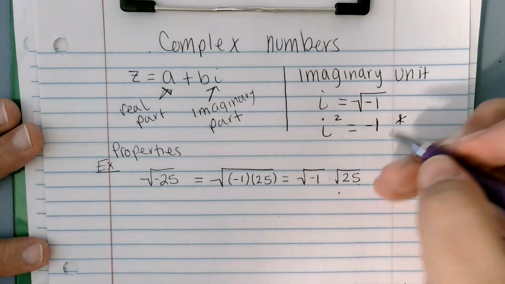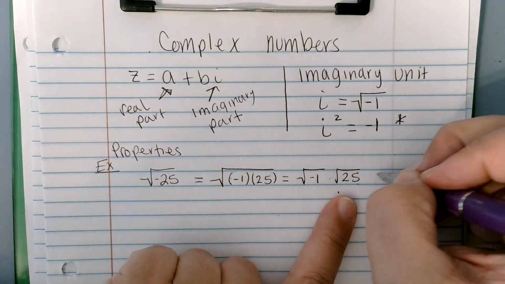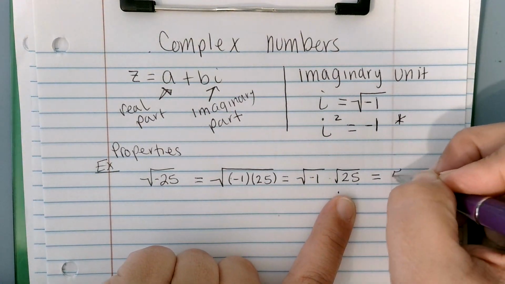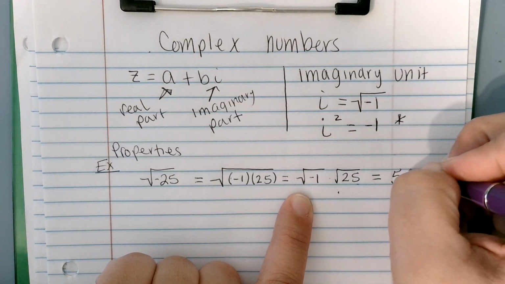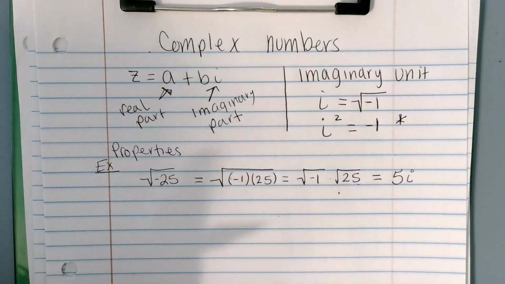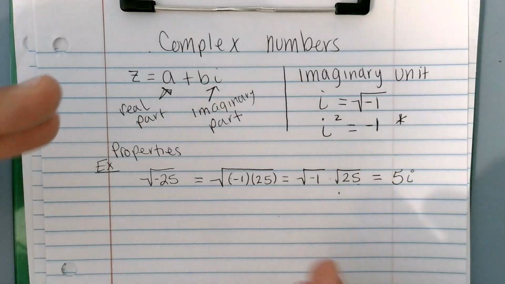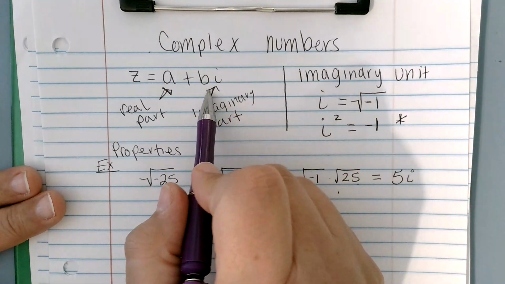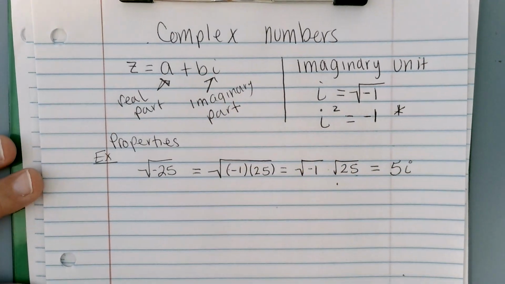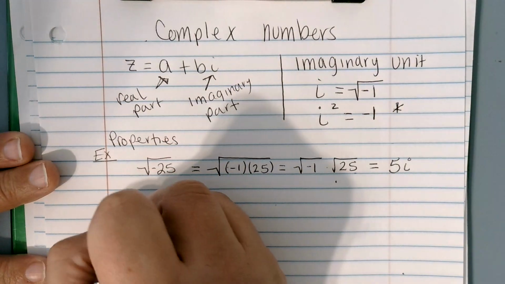Now this makes our work a lot easier because we know the square root of 25 is 5 and the square root of -1 is i. So the answer for this would be 5i. Notice that I wrote the number before the imaginary i, just like it is in our complex numbers. Let's try another one of those just in case.